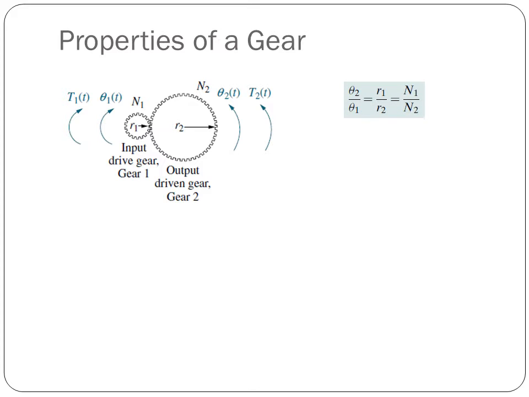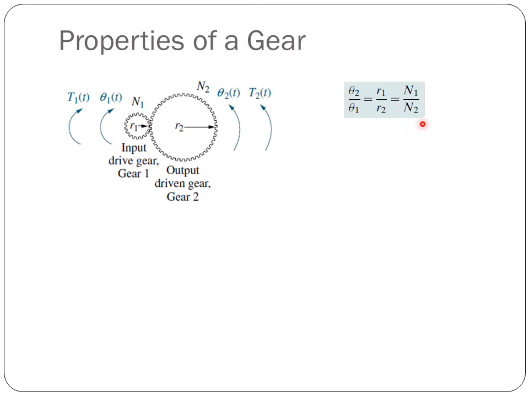Okay, so from geometry, we can find this relation: theta 2 by theta 1 is equal to r1 by r2. Because the number of teeth is proportional to the perimeter and the perimeter is proportional to the radius, we can rewrite this expression: theta 2 by theta 1 is equal to n1 by n2.